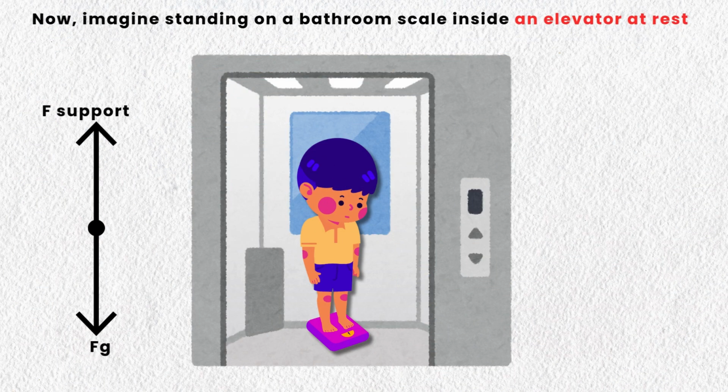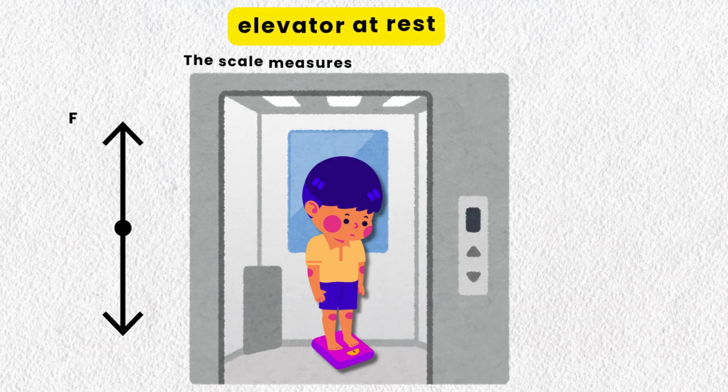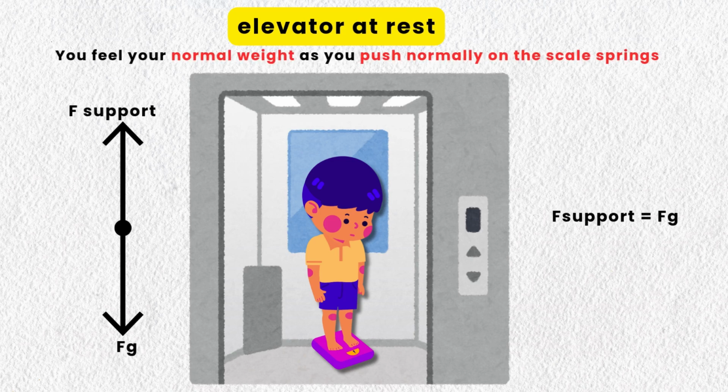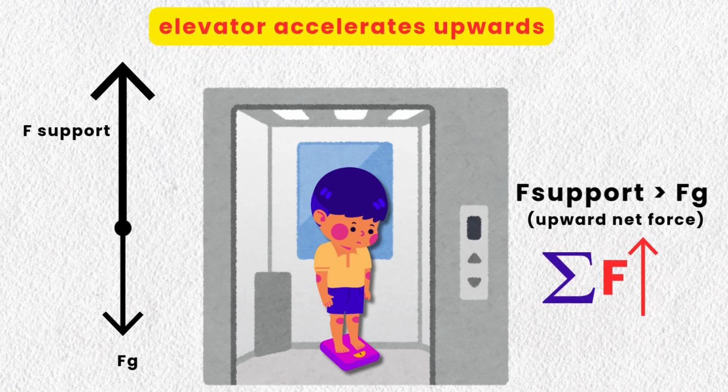Now imagine standing on a bathroom scale inside an elevator at rest. The scale measures the support force exerted on you, which equals the gravity force. You feel your normal weight as you push normally on the scale springs. When the elevator accelerates upward, the support force exceeds the gravity force due to the upward net force.